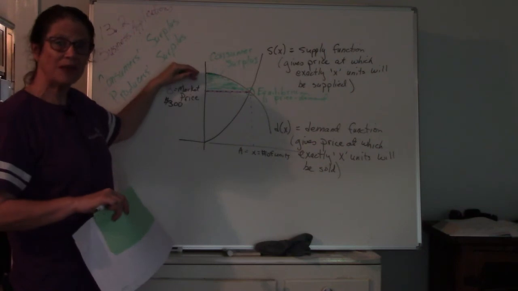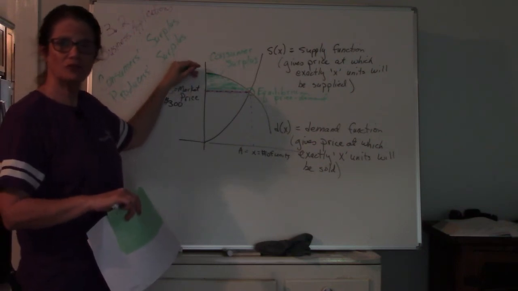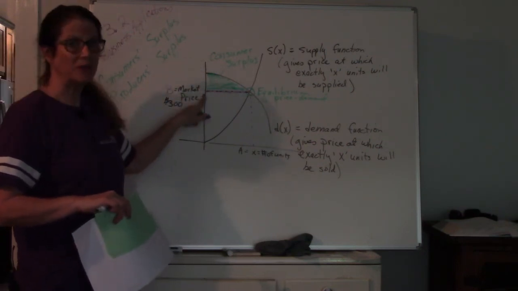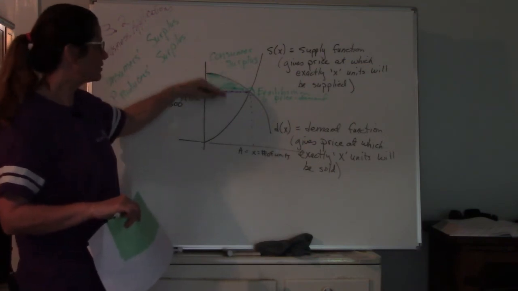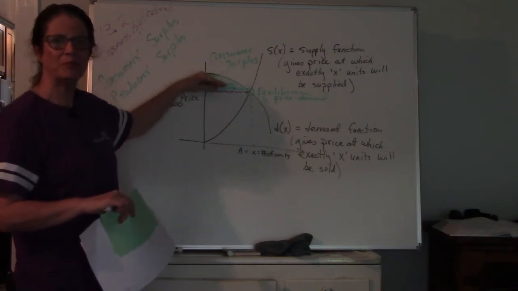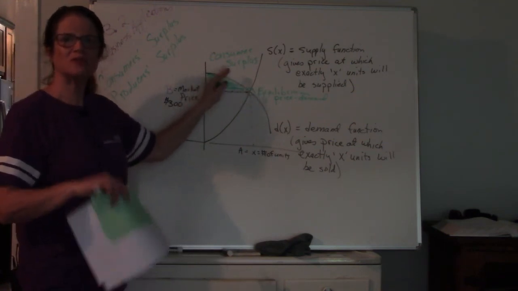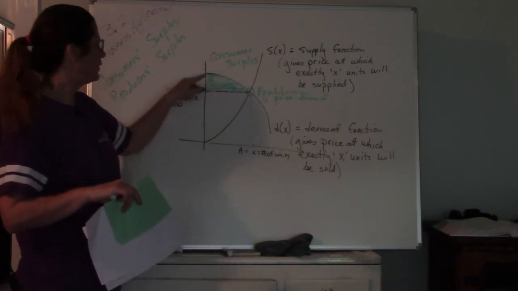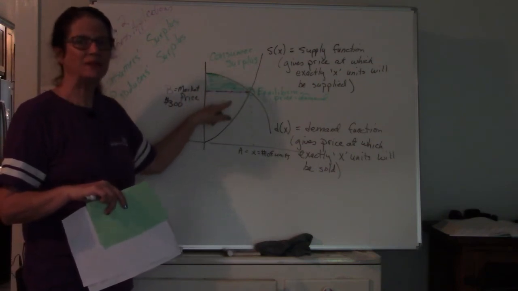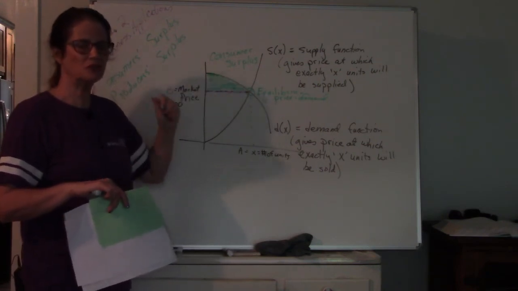I'm willing to pay $500 for a George Strait ticket, but I only have to pay $300. This consumer surplus is my happy number. This is the amount of money consumers will save, if you will, because they're willing to pay higher, but they don't have to. That's consumer surplus.